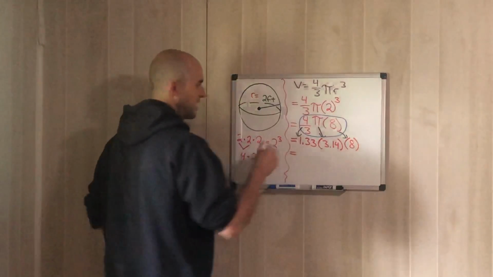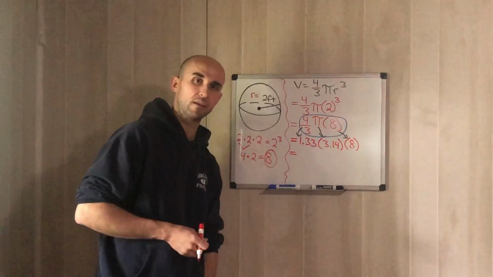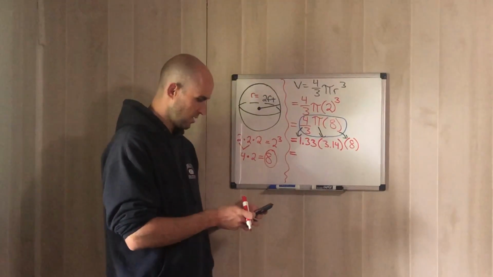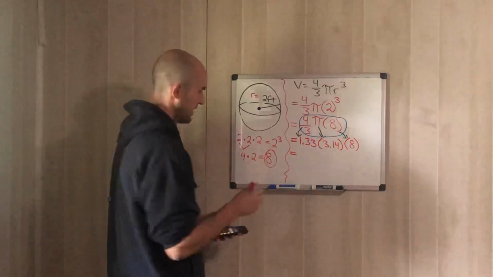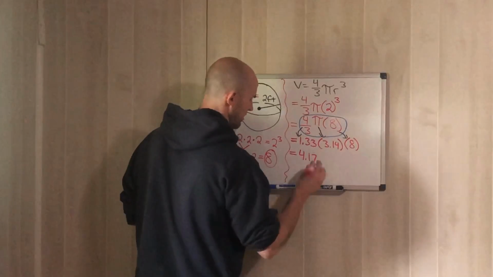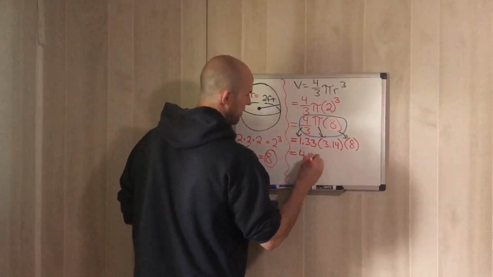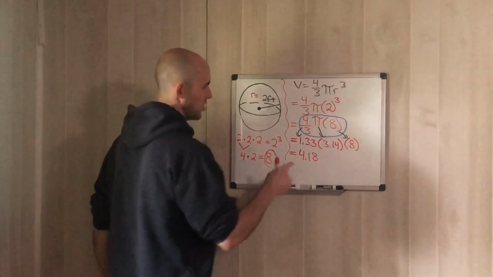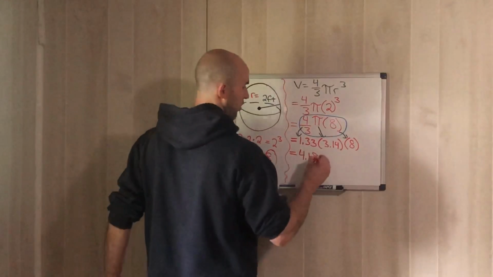So again, if you want to do 1.33 times 3.14, it'll give us the same number that we had before, which was 3.14 times 1.33, gave us again 4.18 that we used before. And again, just to round it off, just to keep it as accurate as possible. So 1.33 times 3.14 gives us about 4.18.